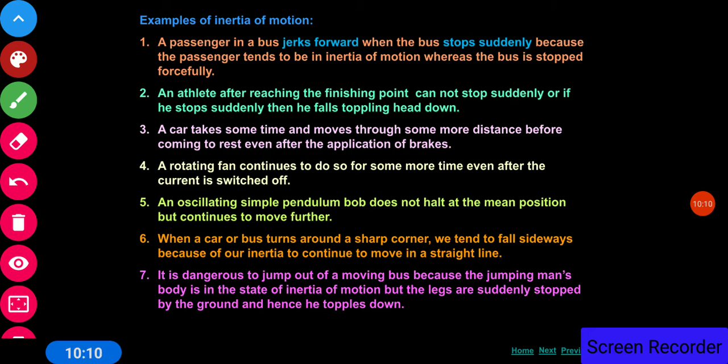It is dangerous to jump out of a moving bus because the jumping man's body is in a state of inertia of motion, but the legs are suddenly stopped by the ground and hence he topples down.